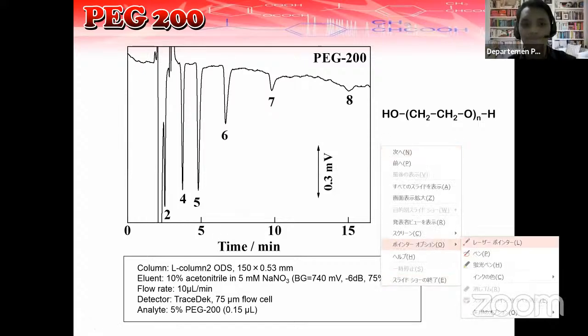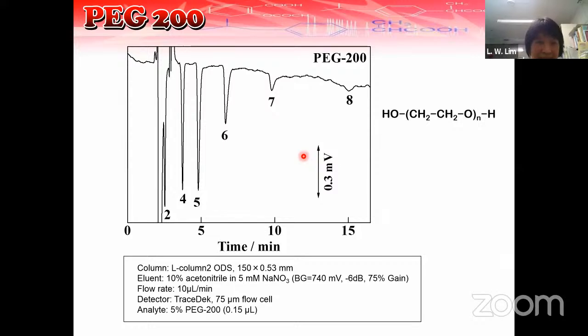Okay. So this is an example when we separate polyethylene glycol with the molecular weight 200. Even though the molecular weight is called 200, when we separate them in a reverse phase column like this, you can see there are so many different oligomers, like a dimer, and this one is with the 4.